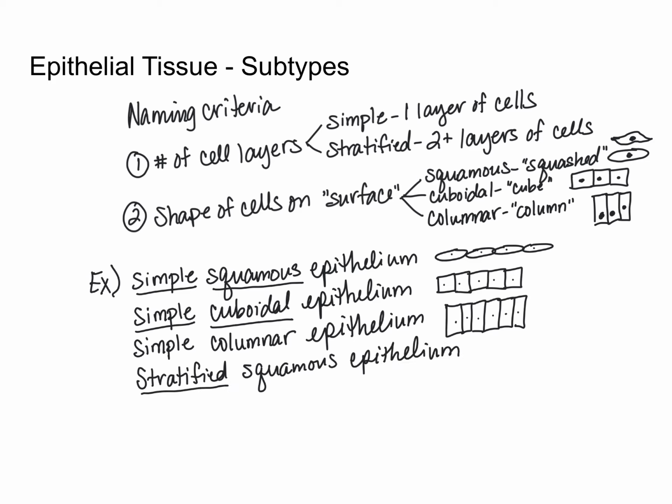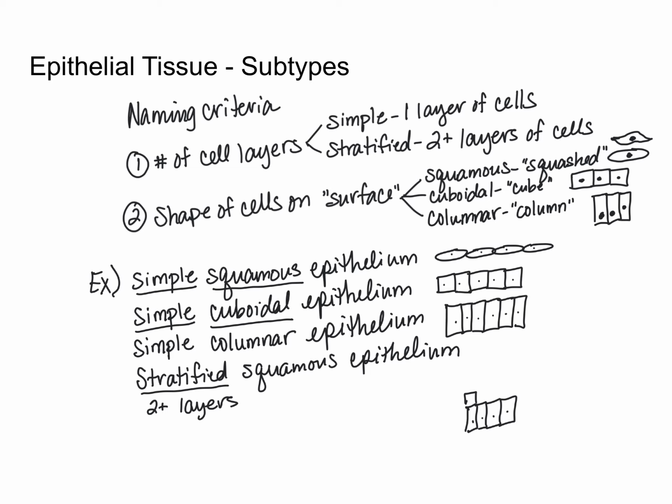So stratified tells us that we have two or more layers of cells, and that the cells that are on the surface are going to be those kind of squished cells. So with stratified squamous epithelium, what we typically see is something like columnar or cuboidal cells at the base.